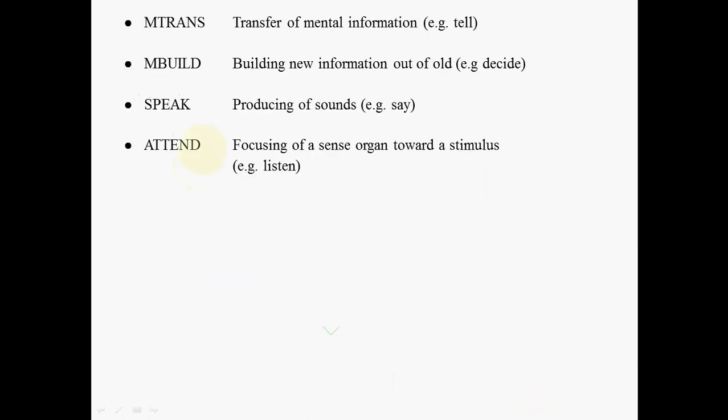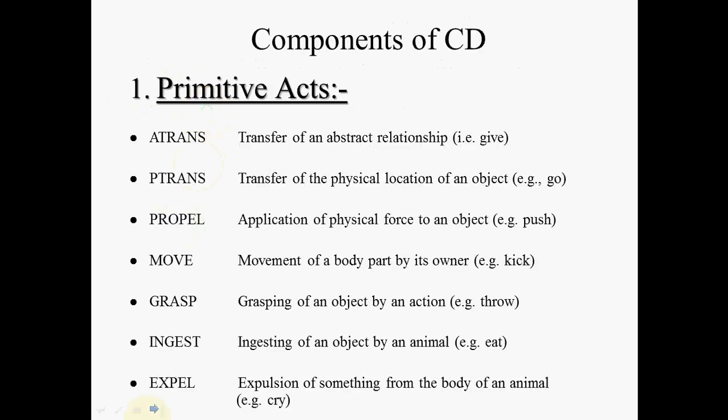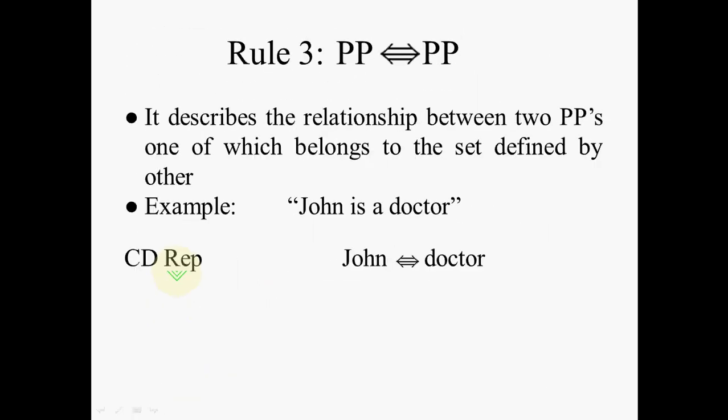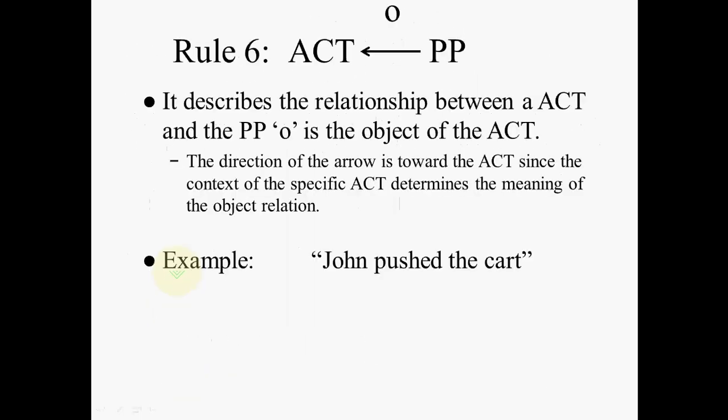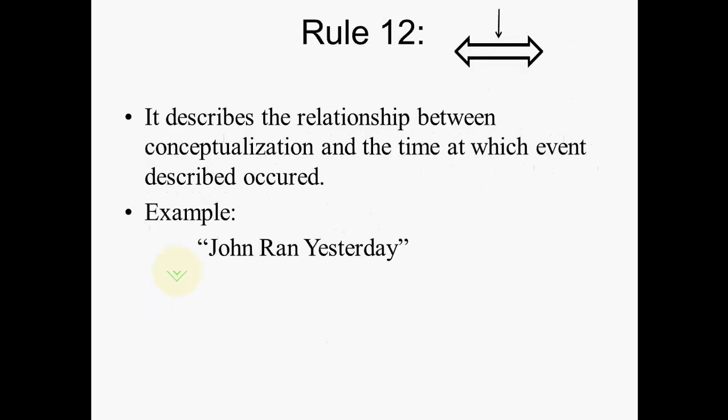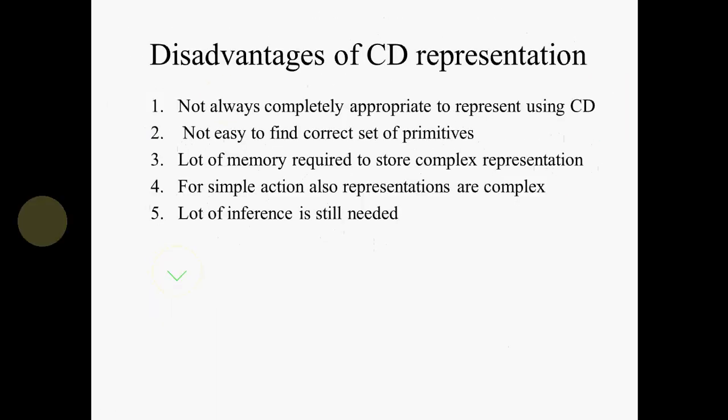So sometimes people may get confused whether to use speak or whether to use expel in this case. So these are also the things which hamper the use of conceptual dependencies. So it is not always easy to find a correct set of primitives. Sometimes there is a confusion that comes in your mind which primitive exactly to use.